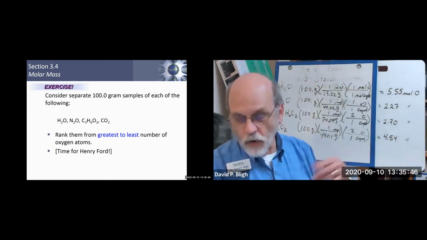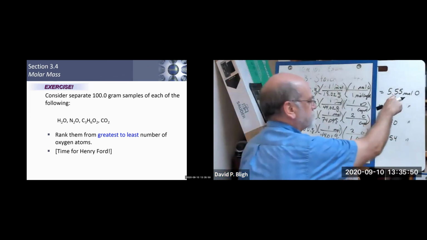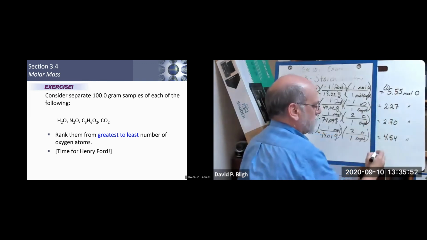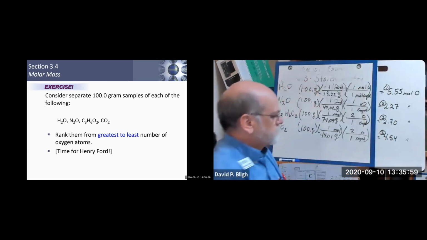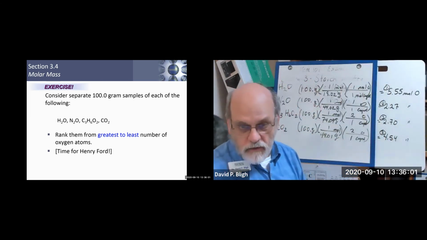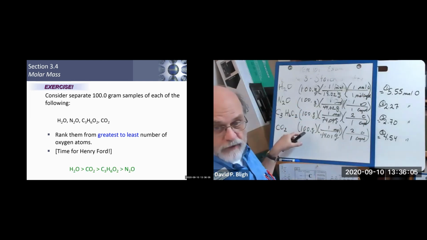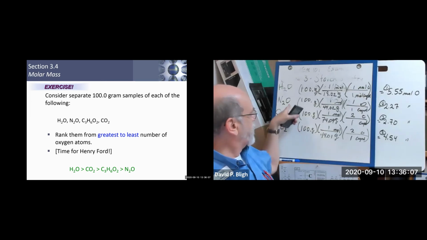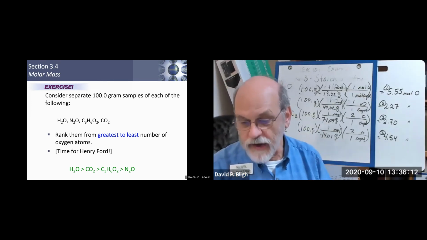Okay, order of greatest to least. Greatest, this one, next one, next one, last. Okay, so we should have water, carbon dioxide, propionic acid, and nitrous oxide. That's how we solve that problem.